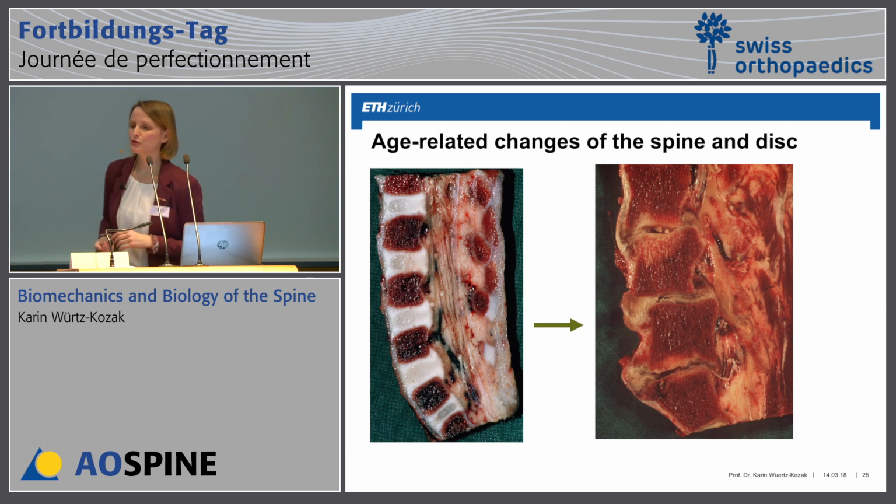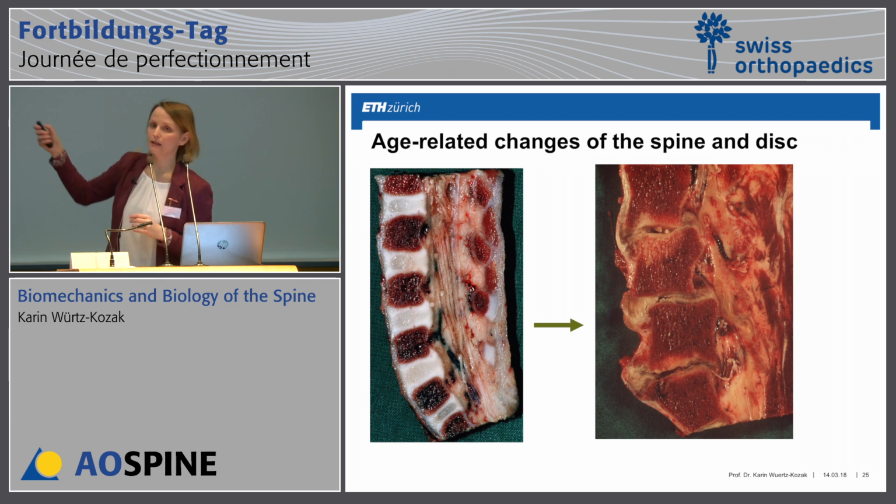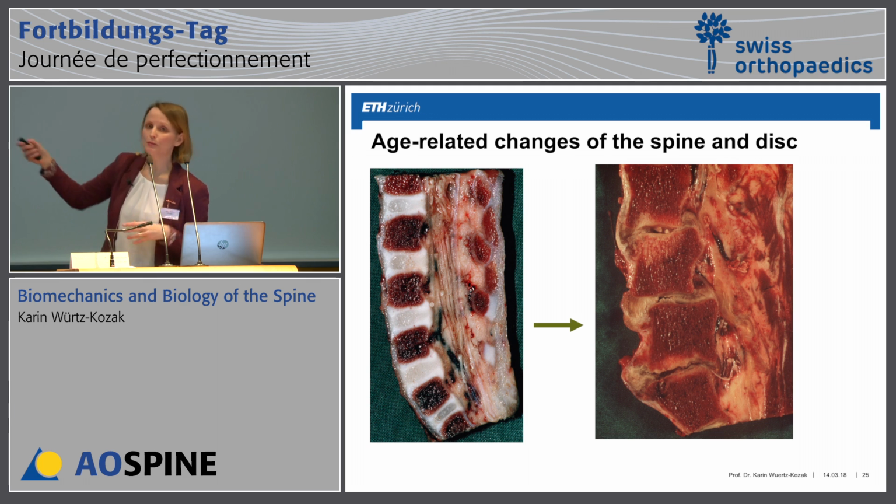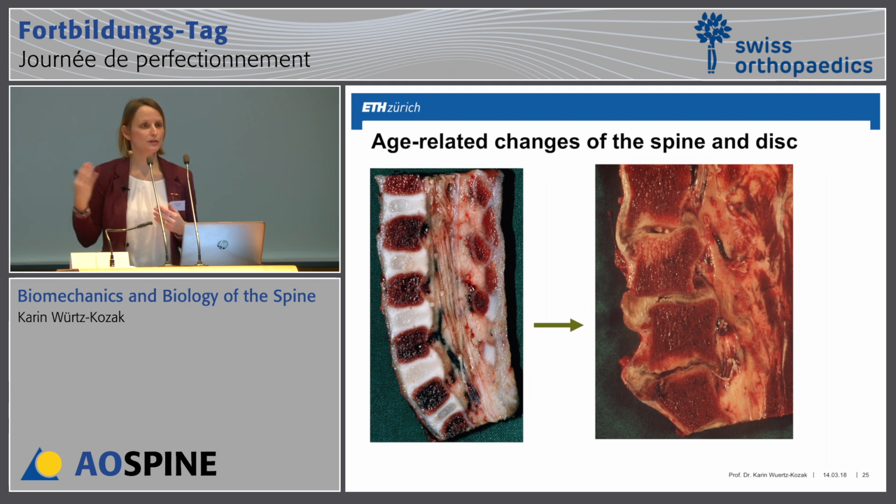And I just want to briefly show you this little picture of a very healthy spine with nice intervertebral discs, also still nice vertebra, and then here on the other side the extreme case where it's severely degenerated, basically with a complete loss in disc height. And you can of course imagine that everything in between also happens, and you can imagine that this can play an important role in disease development and pain development.